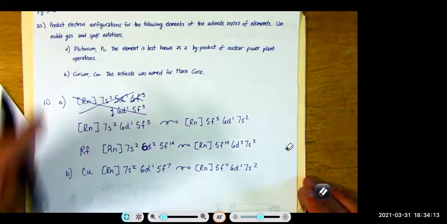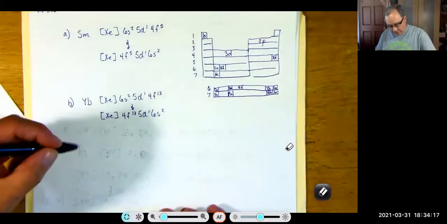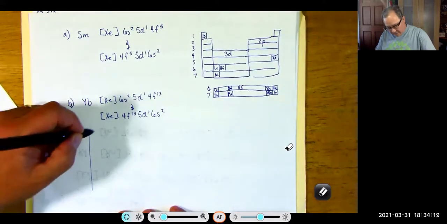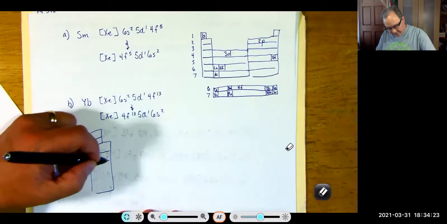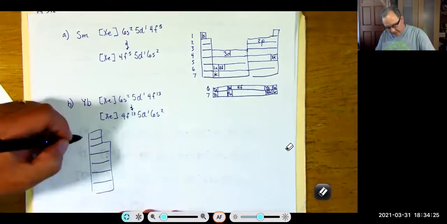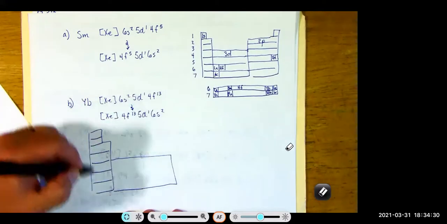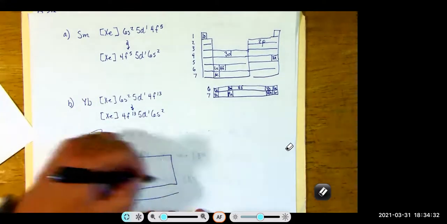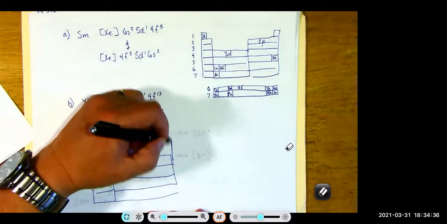So what you probably want to do is take the time to make some blank periodic tables that look like this, just so I can remember which coefficient to put in front.